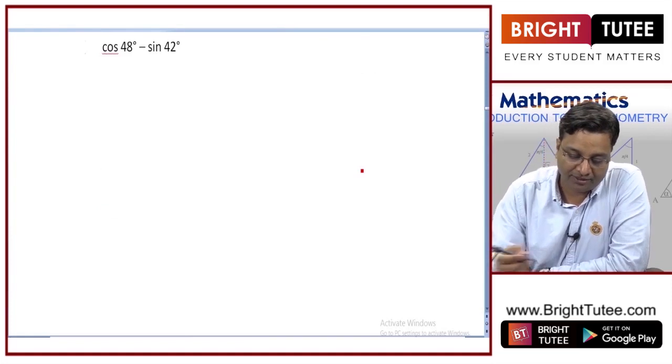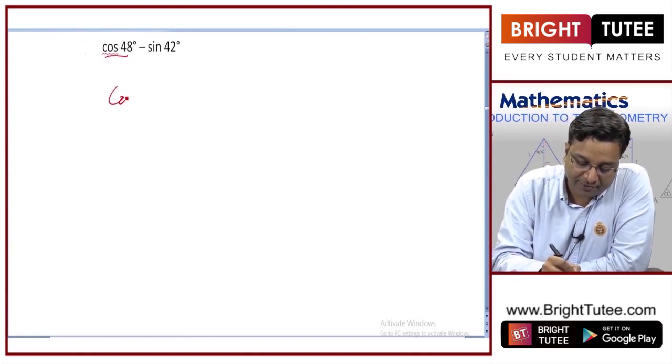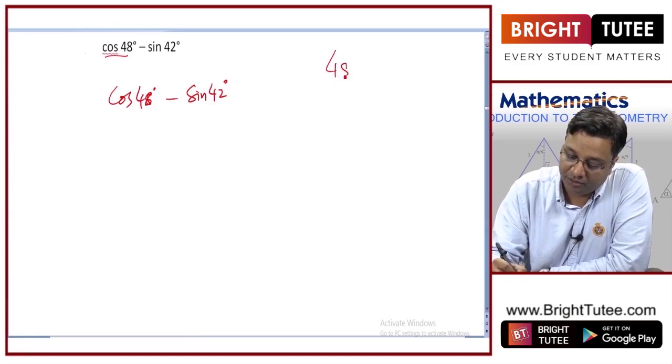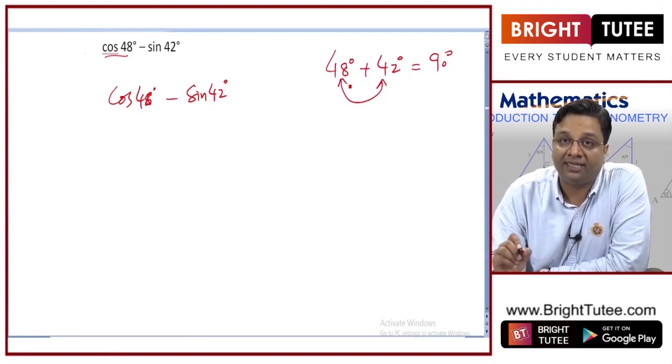Okay, let's look at this one. Cos 48 minus sin 42, right? And again you notice 48 plus 42 will give you 90. So these two are complementary angles, right?